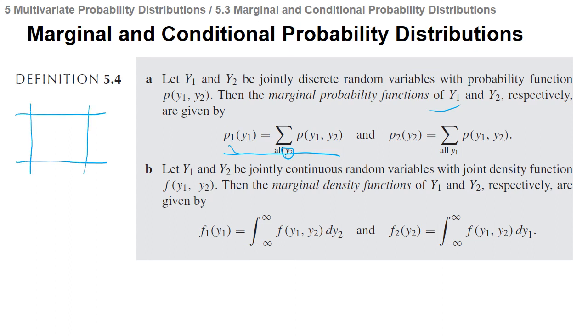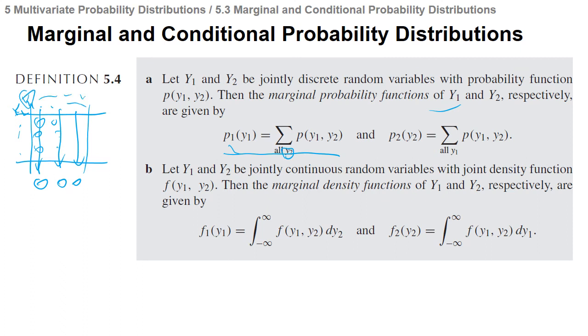So here's a probability table for Y1 and for Y2. Here we have probabilities, and if we sum up the probabilities this way, over Y2, then we get the probability that Y1 equals something.